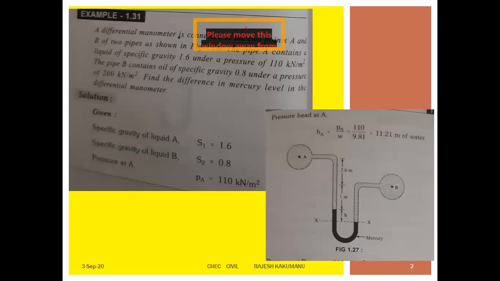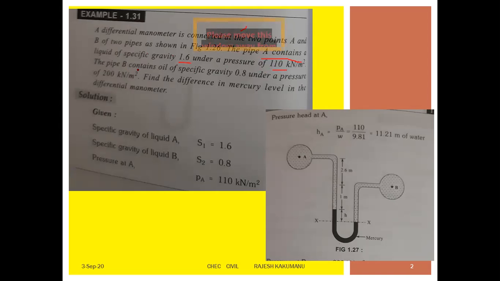So in the last class, we were dealing with the problems. Now we'll see the other problem. A differential manometer is having two reservoirs A and B of two pipes as shown in the figure. The pipe A contains a liquid of specific gravity 1.6 at the pressure of 110 kilonewtons.